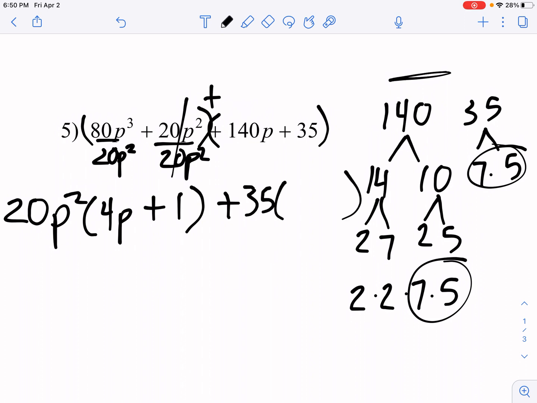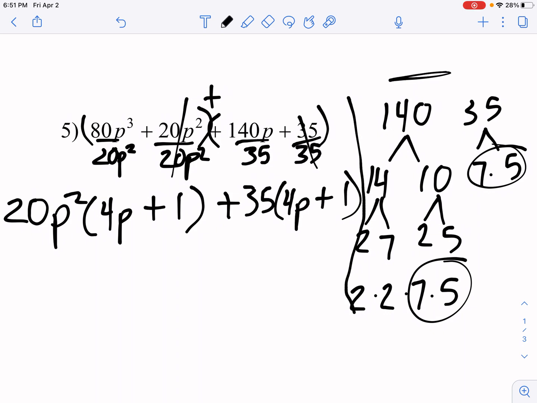So I'm going to kind of distinguish that that's not a part of what we're doing at the moment. So 140 divided by 35, if you have your calculator, you could do it, or just use long division. You should get 4. Okay, so 35 goes into there 4 times. And then if we divide that out also from itself, sorry, I forgot to write here, we end up with 1. So again, notice these guys are the same.